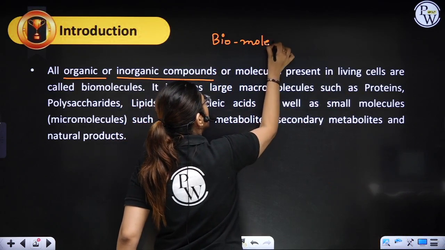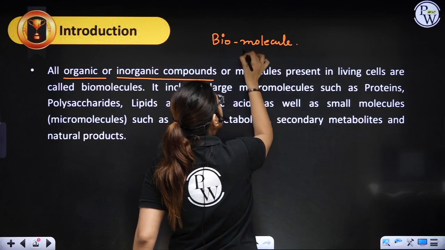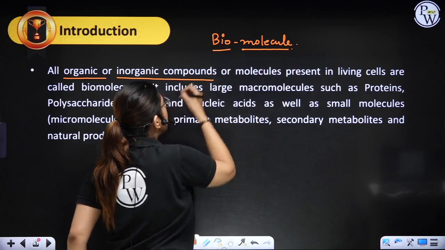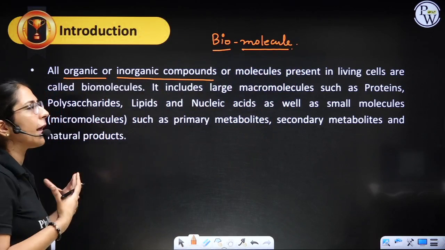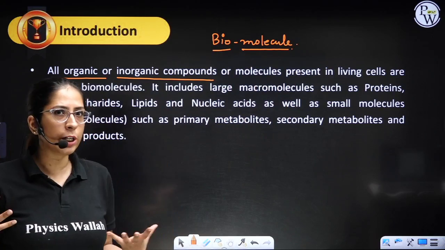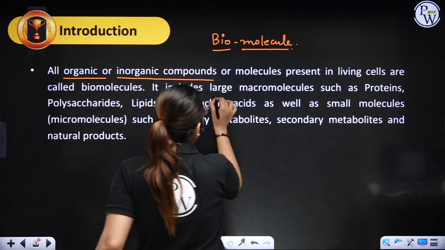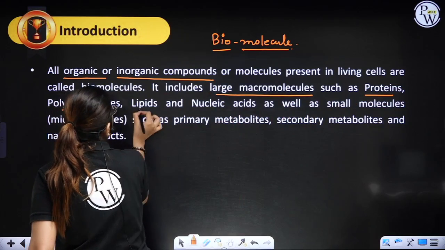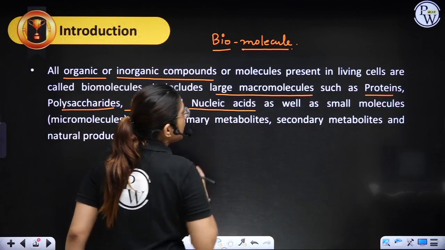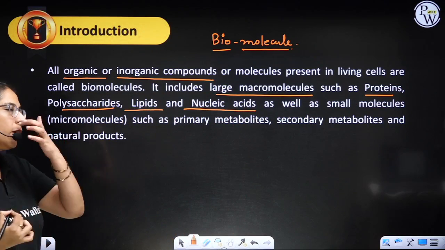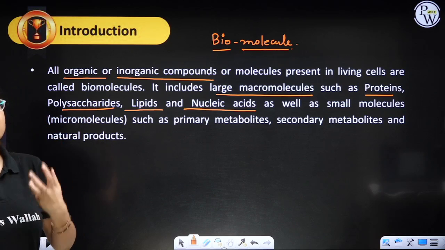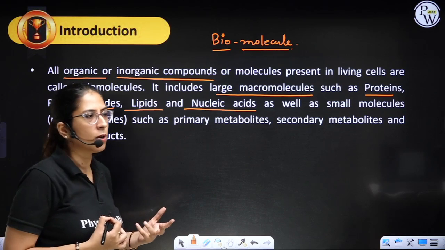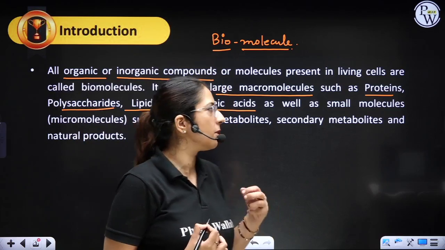Living molecules which are present inside the living cell. It includes everything. It includes large macromolecules such as your proteins, polysaccharides, the lipids, the nucleic acids, as well as the small micromolecules such as primary metabolites, secondary metabolites, and the natural products.